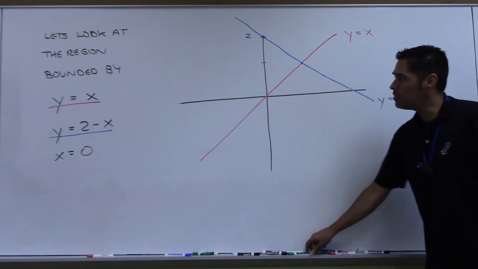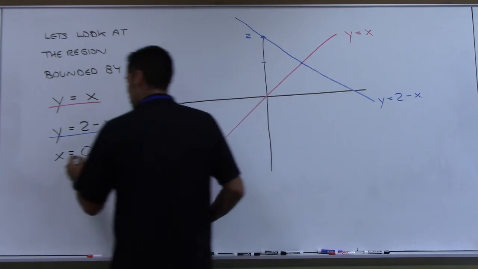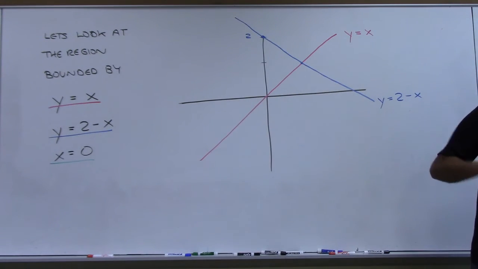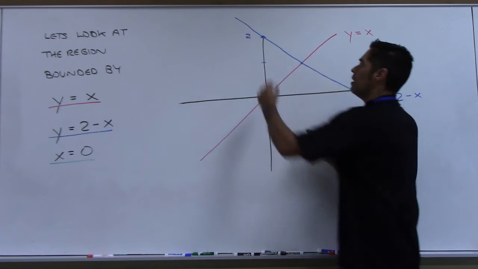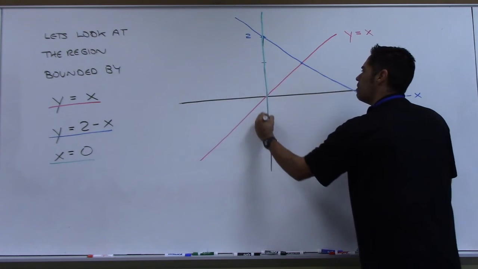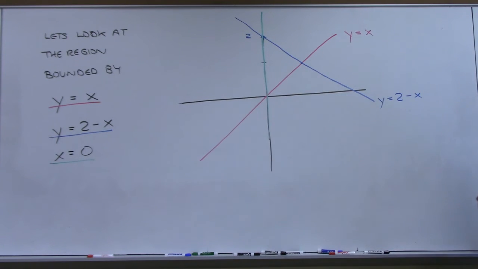Finally, x equals 0, which is what? The y-axis. So x is 0 is the y-axis. So let's take a look at the region bounded by those three curves. Everyone see it? The region that's bounded by those three?